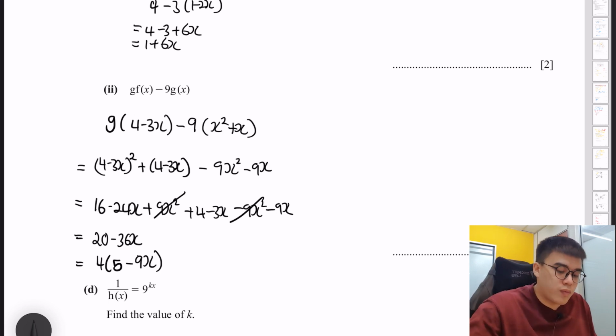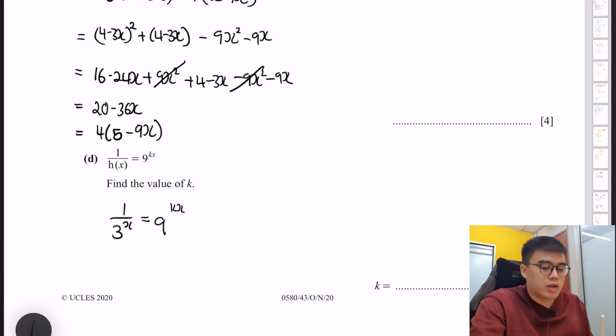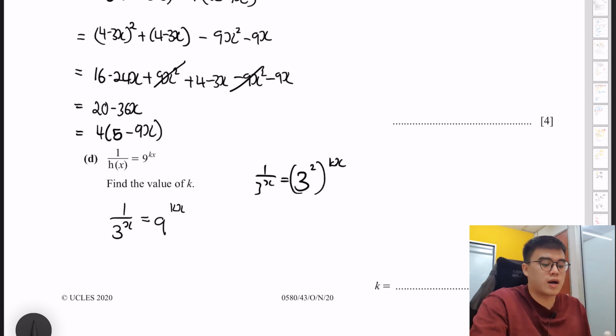As for the next one, we have 1 over h of x squared. h inverse squared is actually 3 to the power of x equals 9 to the power of kx. So your task is to change up the 9. Okay, it's actually 3 squared, and then we have kx at the front. So I bring this up by adding a negative into the power section.